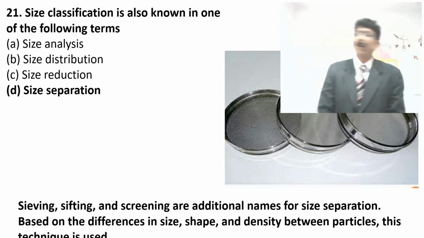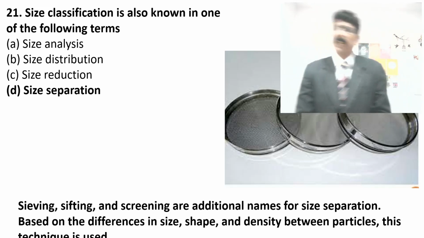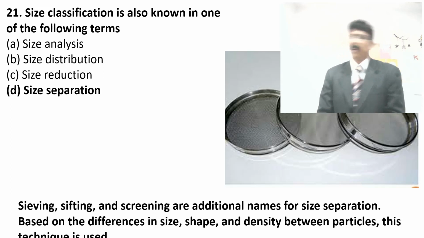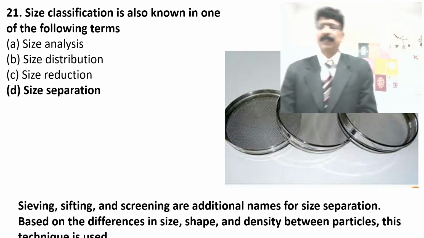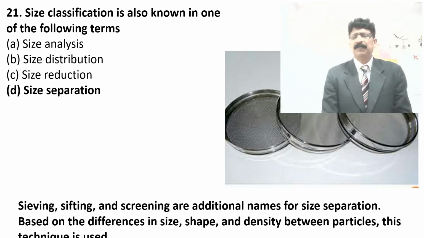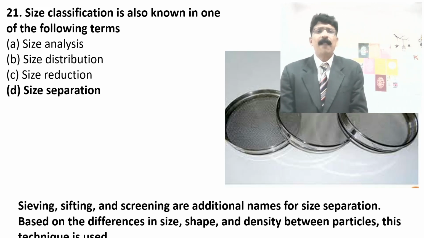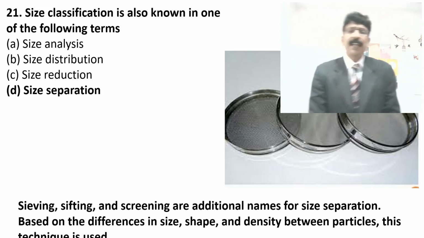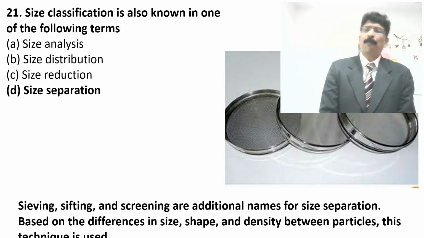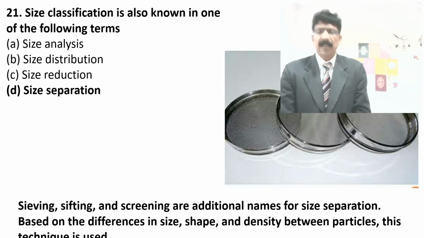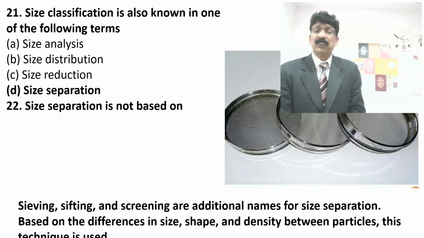When you study classification, whether pharmacological, chemical or physical classification, we find the differences and separate them. Classification by particle size can be given another name: size separation. The question is which one size separation is not based on.